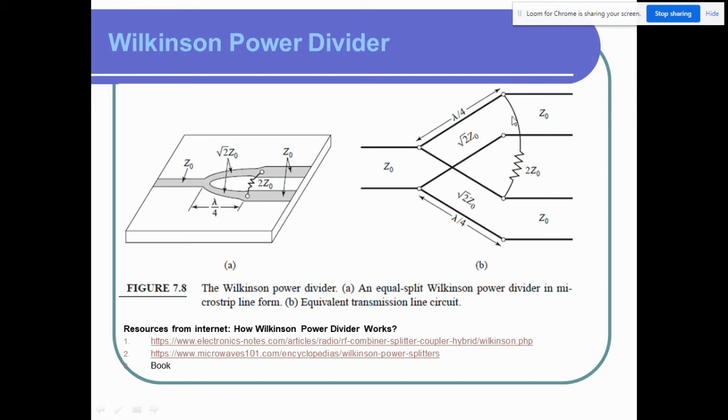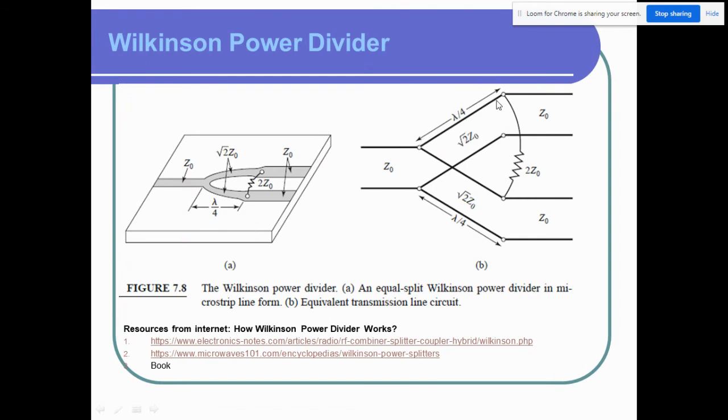And there are two splitting arms, each with a characteristic impedance of root 2 times Z0, which will determine the width, right? We learned that if impedance is high, the line becomes thin. If its impedance is low, it becomes thick. So this will determine the width of this line.